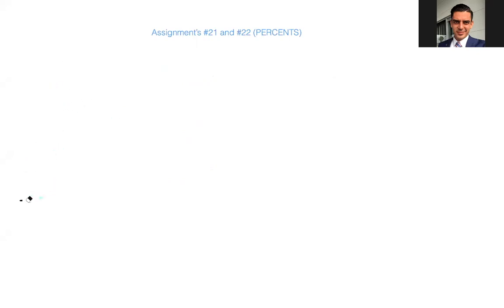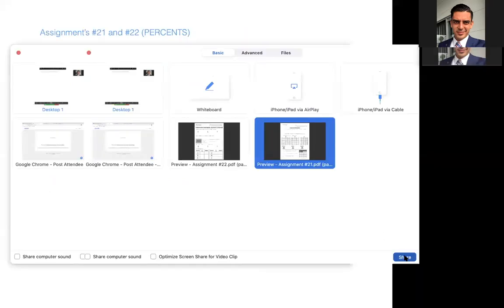Now let me show you, let's see. Let's go to assignment number 21. So let me show you guys what I'm talking about for assignment 21.